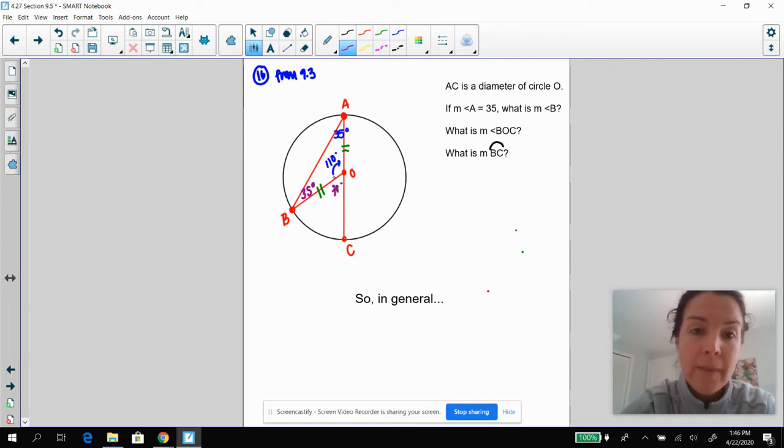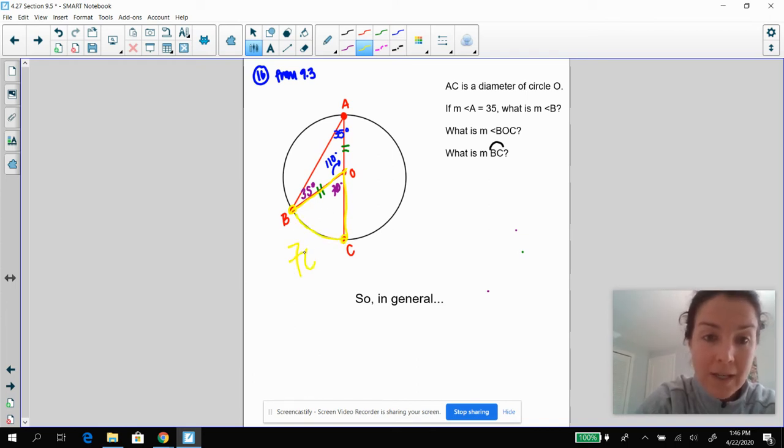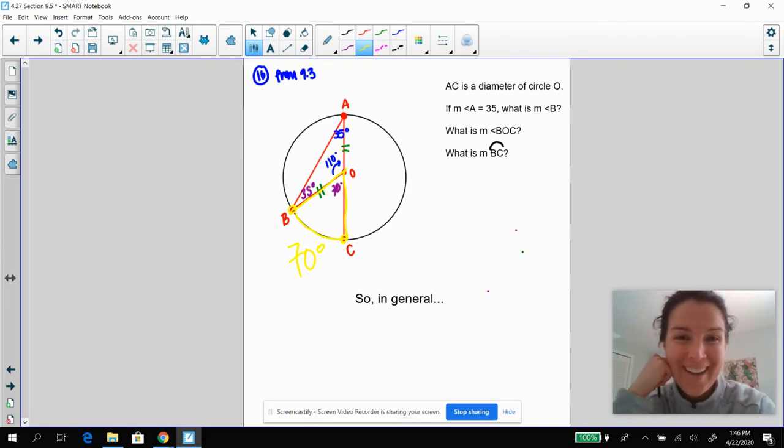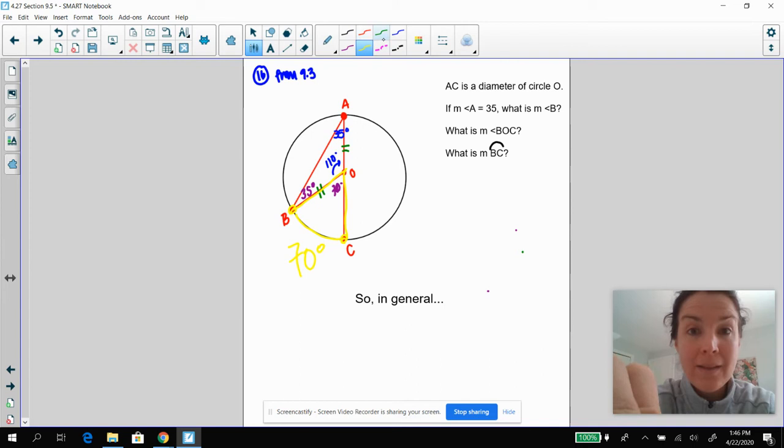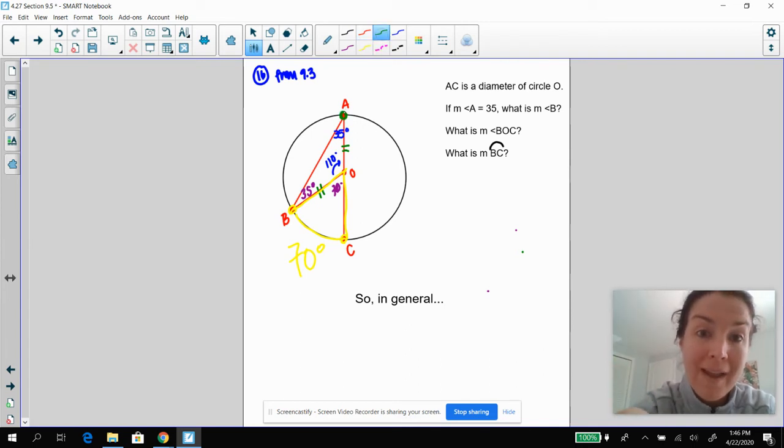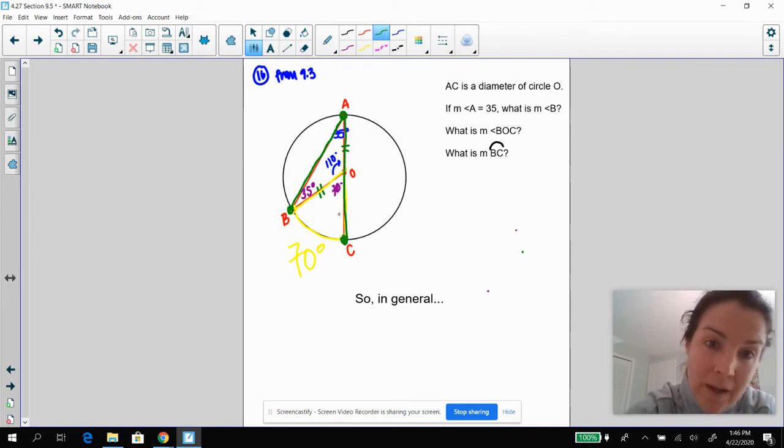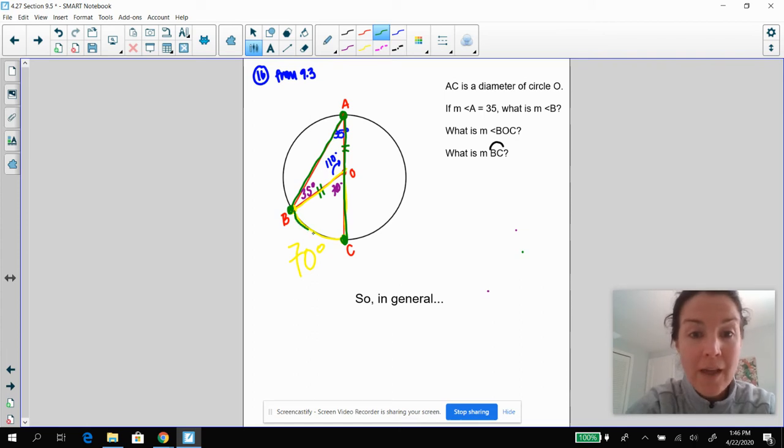And then look, we've got a nice little central angle here. My central angle intercepts this arc. And so I know that arc BC is 70 degrees. But let's keep that in mind now. So if I look back up here at this angle that is 35 degrees, my inscribed angle, if I follow the sides of that angle, this inscribed angle is 35 degrees, and this intercepted arc is 70 degrees.